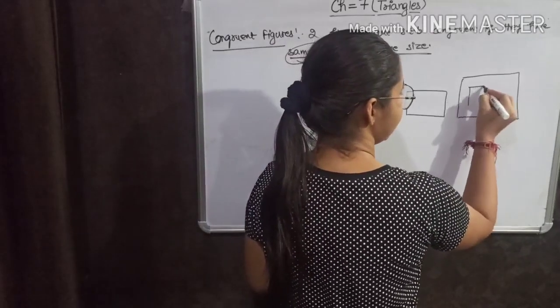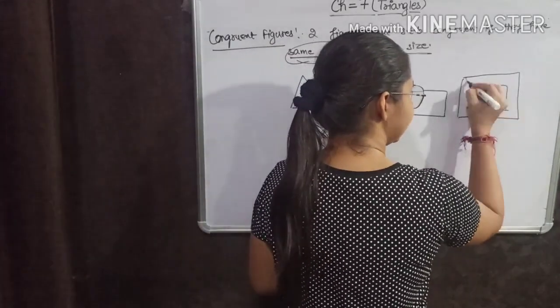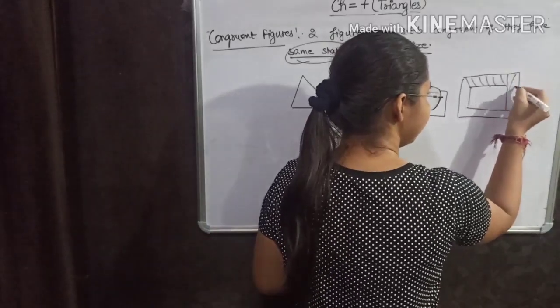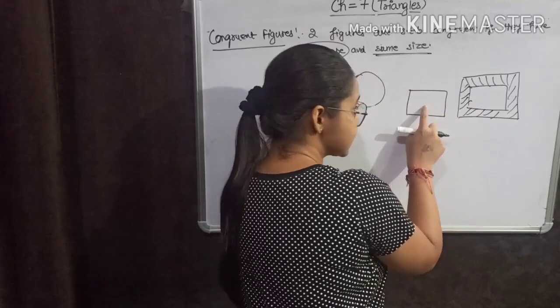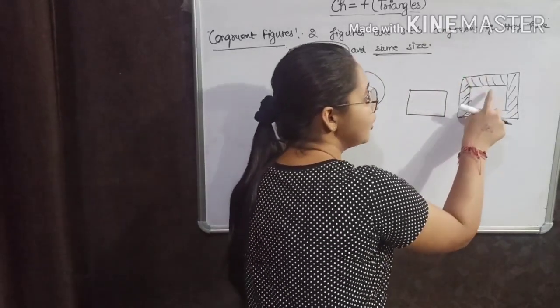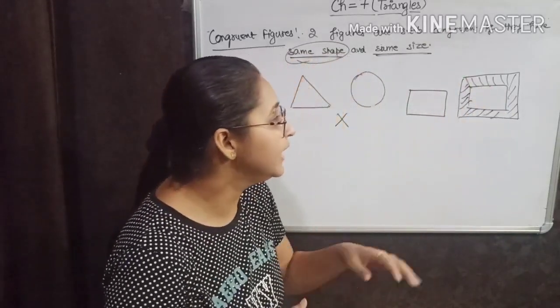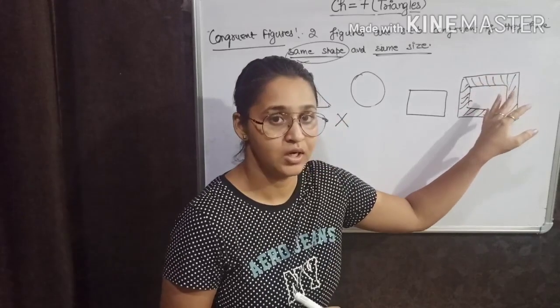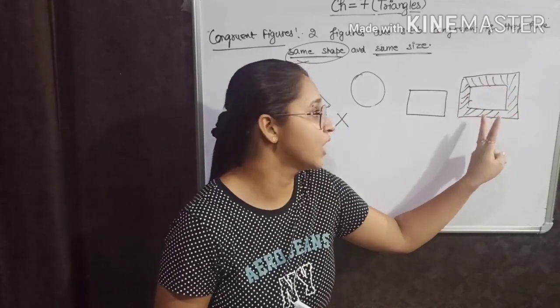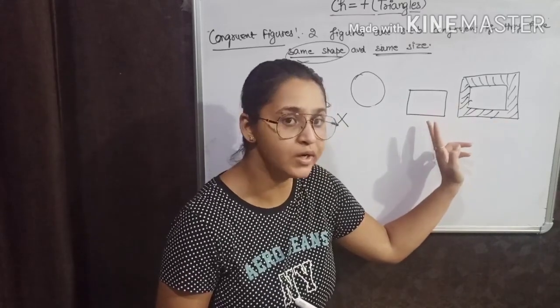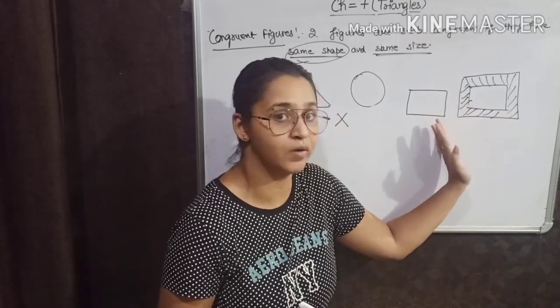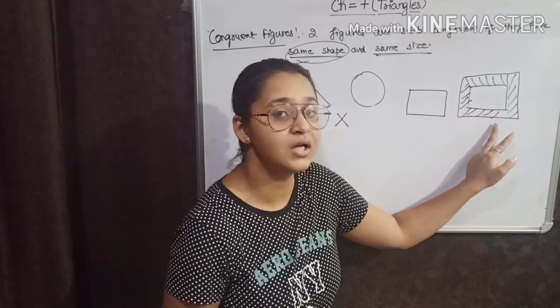Because if I am putting the square over this, then this part will remain visible to us. It means this small square will not be able to completely cover the bigger square. That's why these two figures are not congruent. But if I put the larger square over the smaller square, it will cover the smaller square, but it will not cover the larger square.